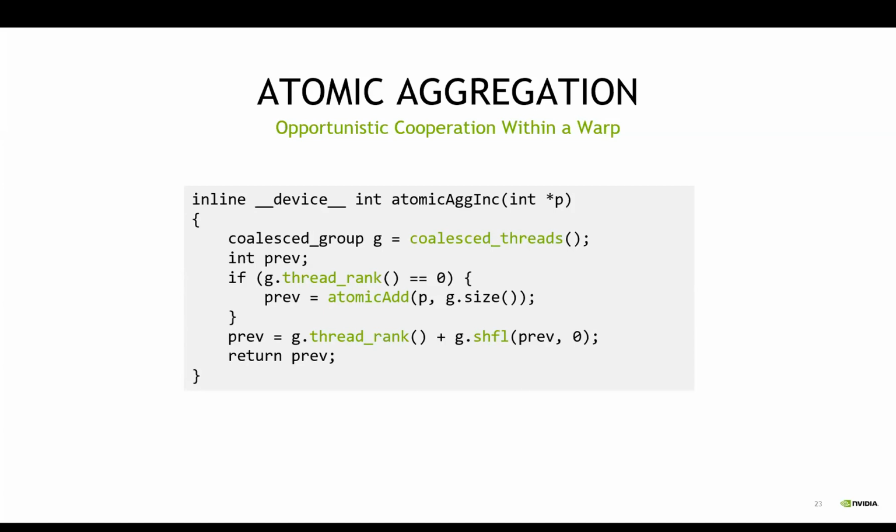And when I find a match, I might want to increment a variable that says I found a match. And maybe even I want to do something like reserve space in a queue using that incremented variable so that I can record the location of the match or the type of match or whatever. Atomics are great for that. They're great for keeping track of a single incremented variable grid-wide, and they're great for reserving space in a queue grid-wide.